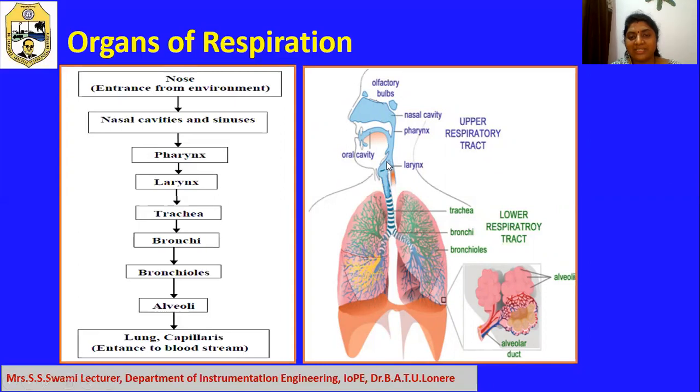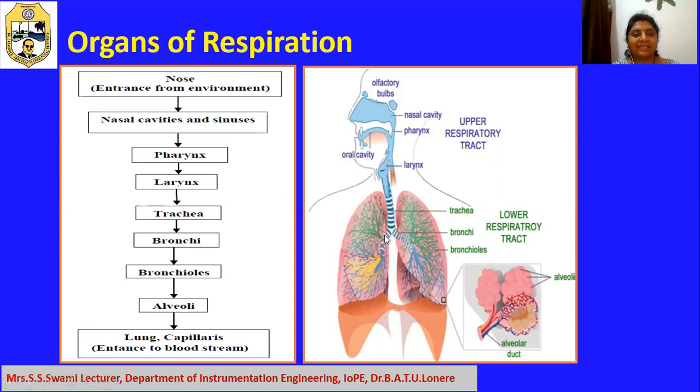From this point to this point is taken as the upper respiratory tract, and the lower part of the larynx, trachea, bronchi, bronchioles, alveoli, and lung capillaries are all considered the lower respiratory tract. This overall tract is called the tracheobronchial tree because this complete part looks like a tree.